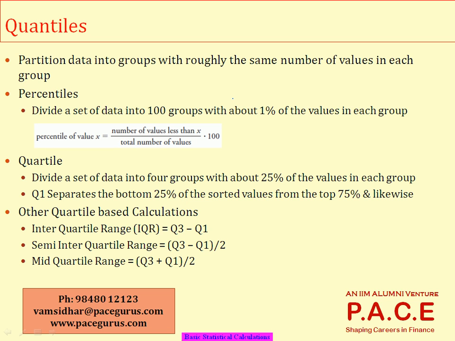Then we also have to deal with some other aspects in this chapter, which is partitioning of the data into more than two groups. For partitioning the data into exactly two groups, the value that does it, we said, is the median.